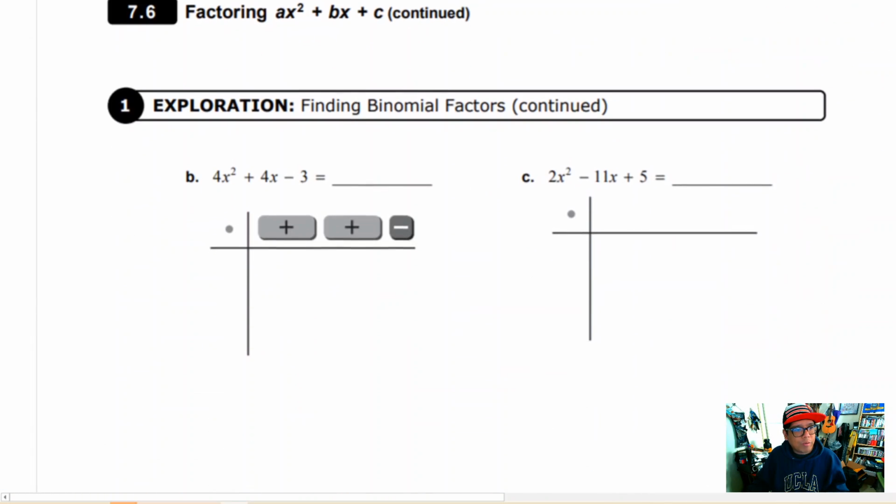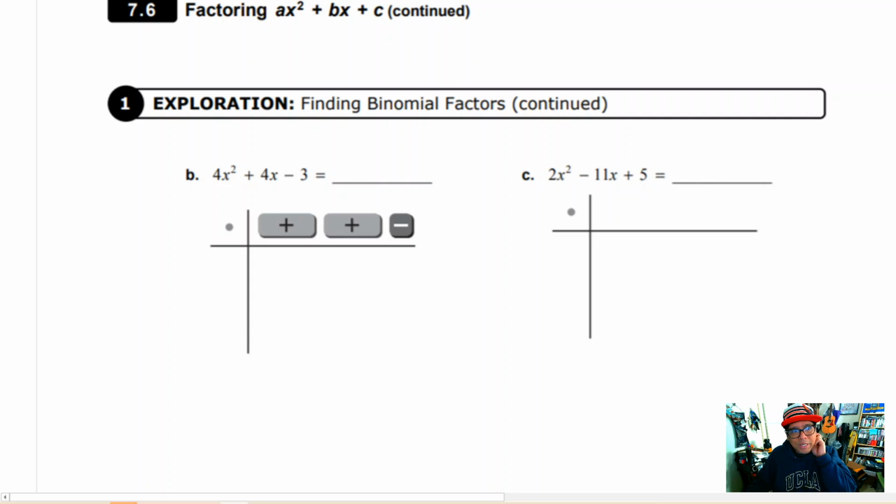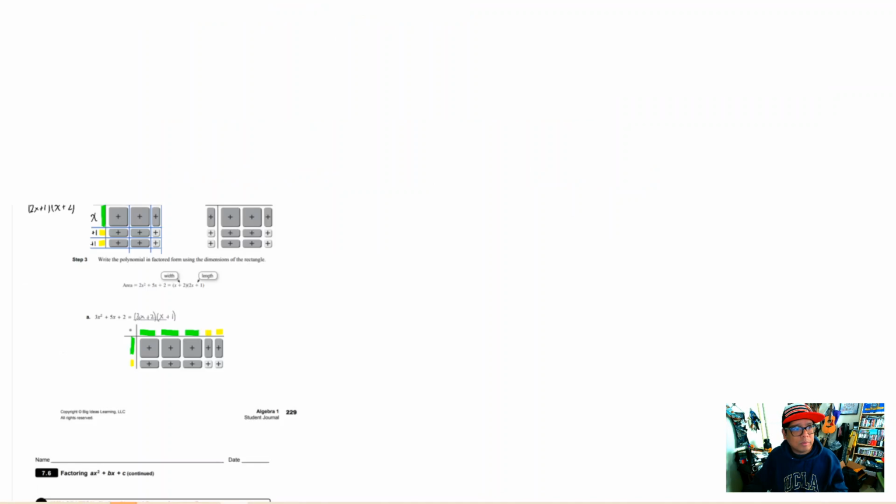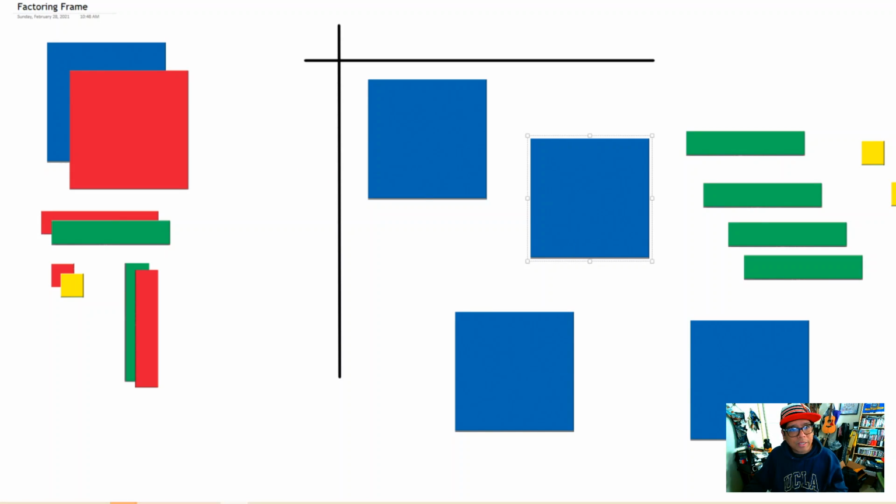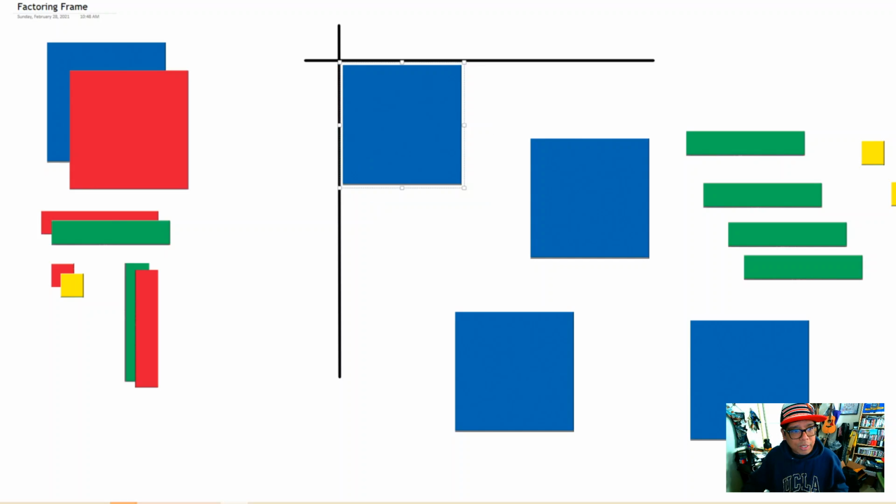Now, once we get over here, the algebra tiles get a little bit messy, so it's a little bit more difficult to do that. But let's try to do this one with algebra tiles. So we've got 4x, and we're just going to rearrange these into a rectangle, really.